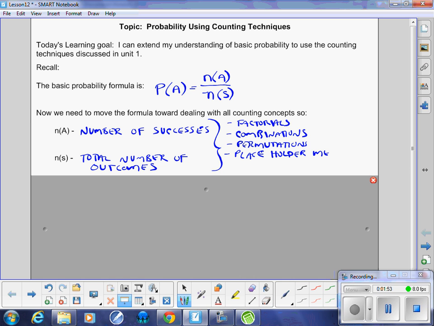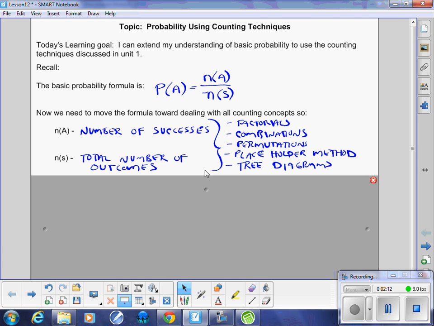So anything we talked about in Unit 1 is now fair game in this particular unit. Whatever else we can use to solve this. So we're now expanding or extending it.